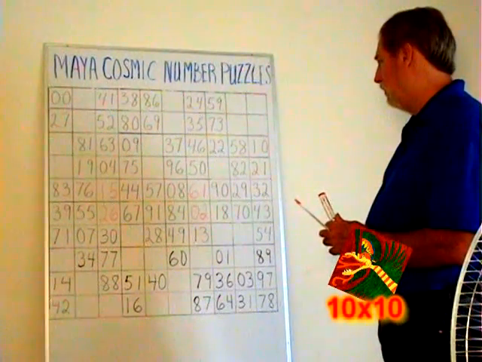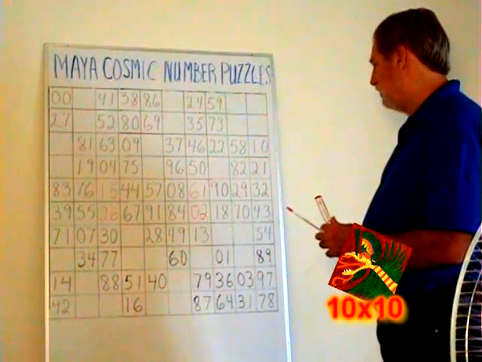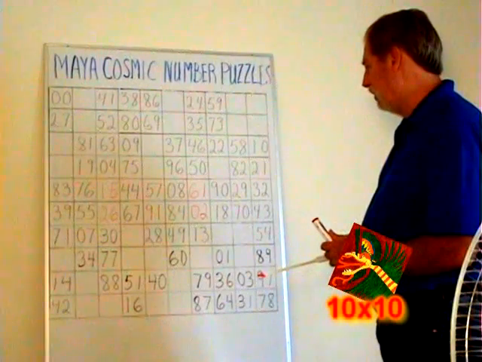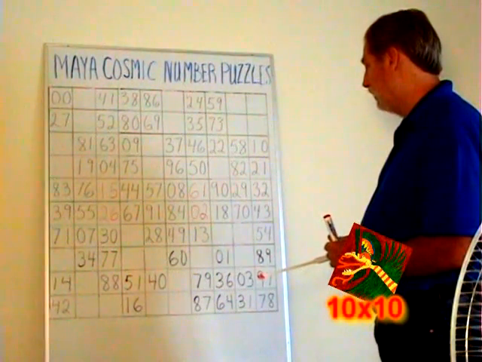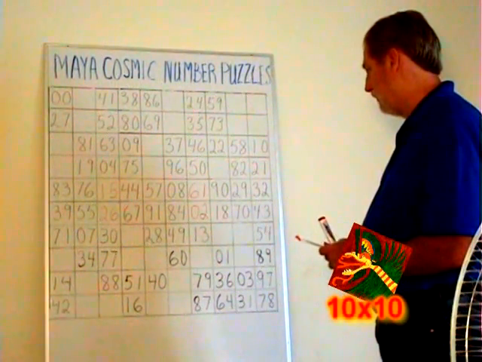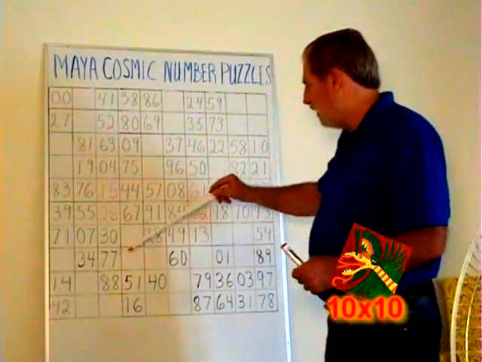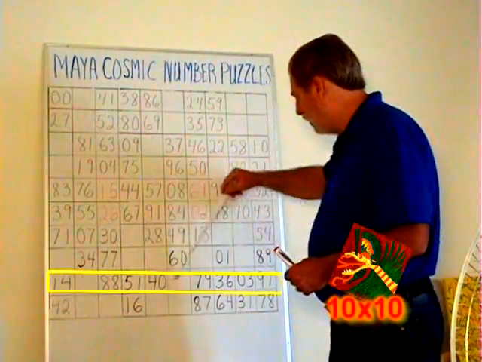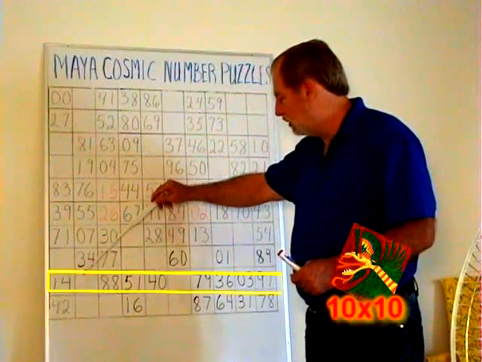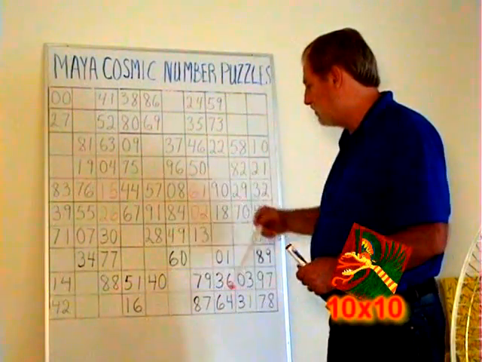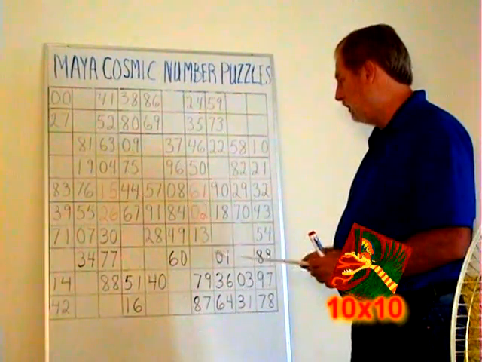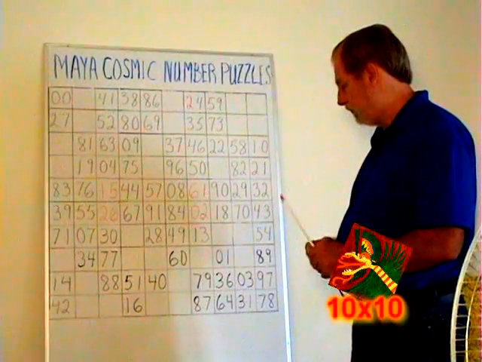Now we look around to see which other columns or rows are going to be easy to complete. We see that down here we have a row that is only missing 2 sets of numbers. So that is where we're going to go next.